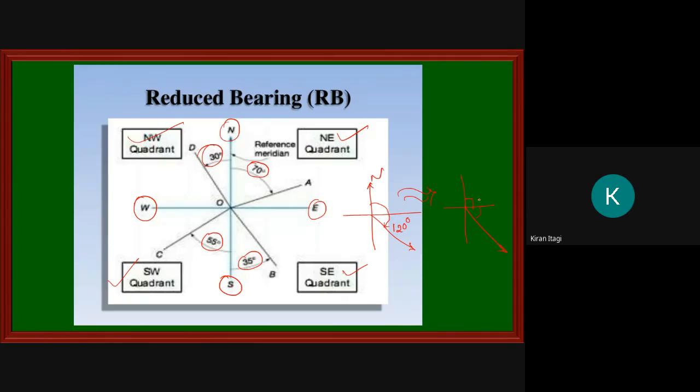What will be the remaining one? 120 degree minus 90 degree equals 30 degree. So here we have got 30 degree, but we will take it with respect to the south direction. If this is 30, then this will be 60 degrees because the total angle will be 90 degrees. So we can write south 60 degree east. This is how we will do some conversions.